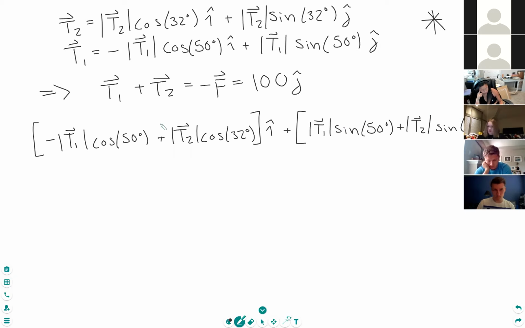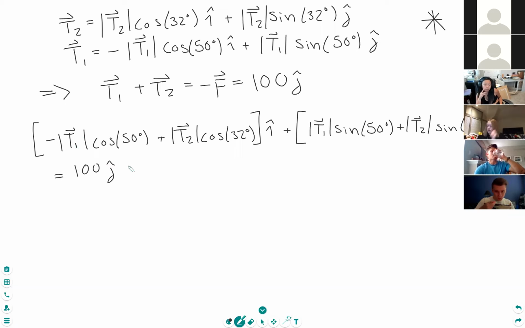So this is the combined x direction, and this is the combined y direction, based off of this relationship that we have here. And this is equal to 100 j hat. So from here, we're going to be able to read off two expressions, because the left and the right hand side of this equal relationship need to match, right?